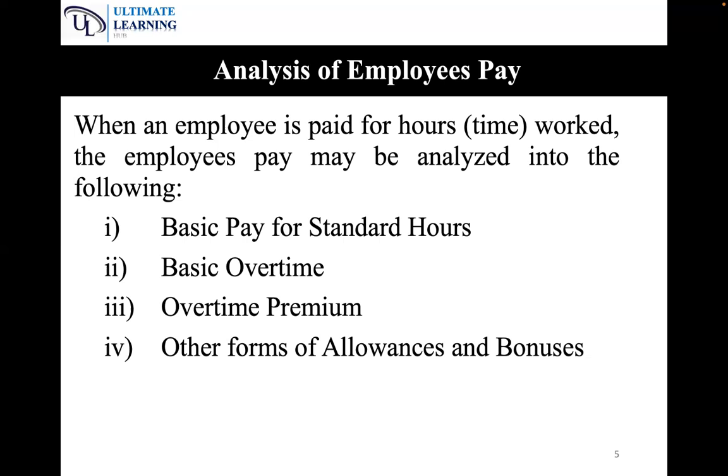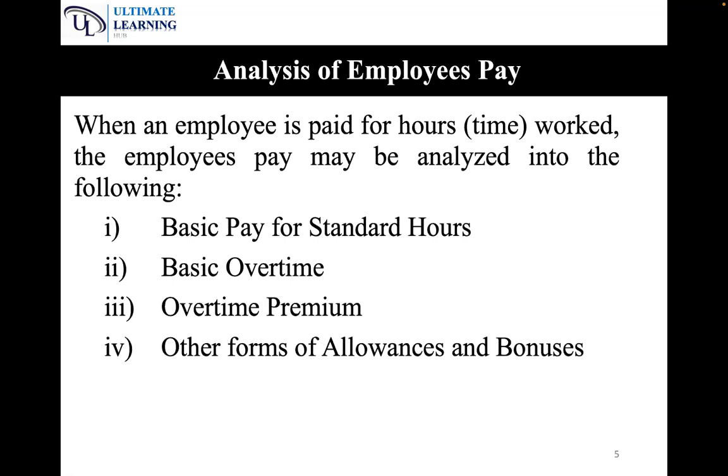For example, if in the standard hours an employee was being paid 20,000 per hour, in overtime the employee may be paid 30,000 per hour. So the basic pay rate is 20,000 per hour, but if an employee works overtime, he's paid 30,000 per hour. You divide the 30,000 into 2. There is the 20,000 and the extra 10,000.